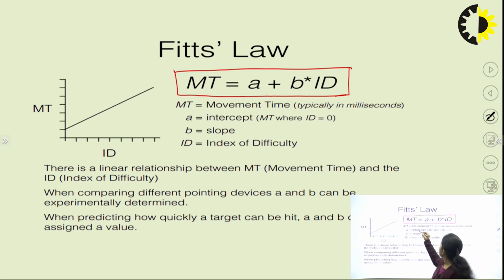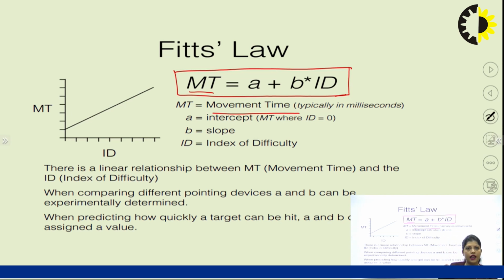Here MT is the movement time, typically in milliseconds. Movement time is the time in which we take the cursor to the object, and here A is the intercept and B is the slope, and ID is the index of difficulty.